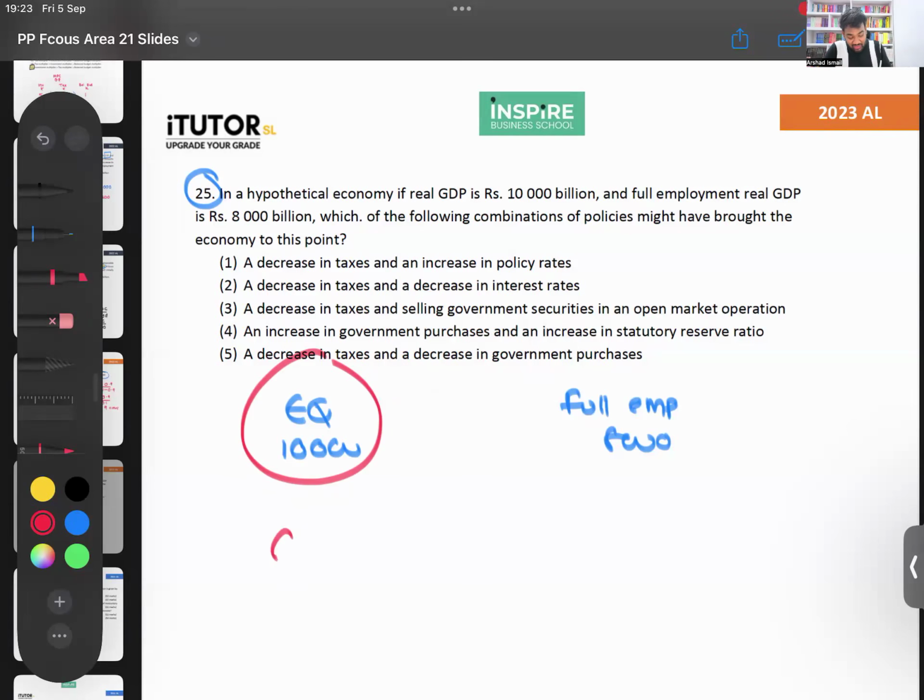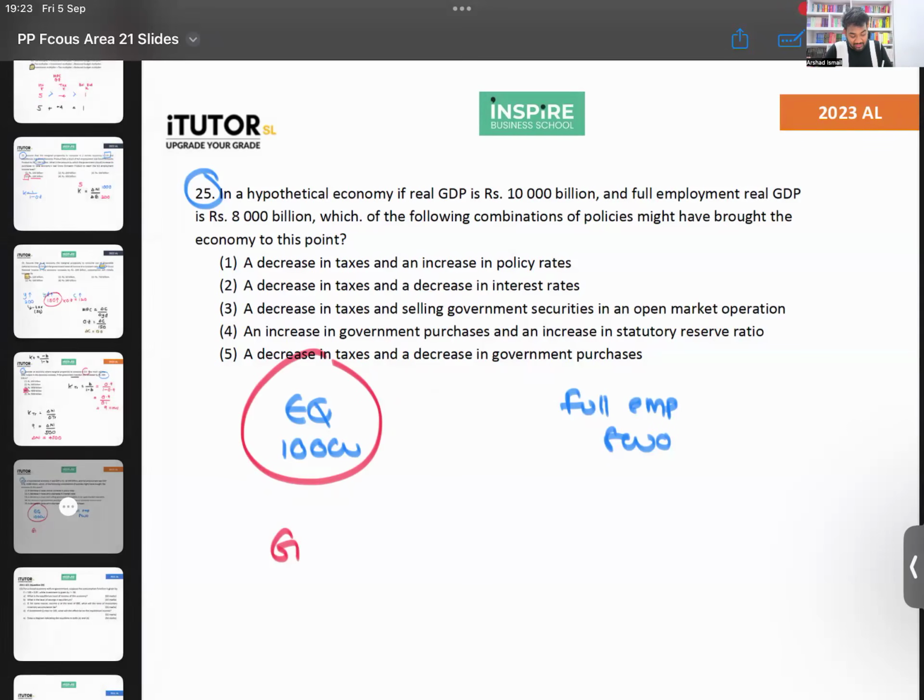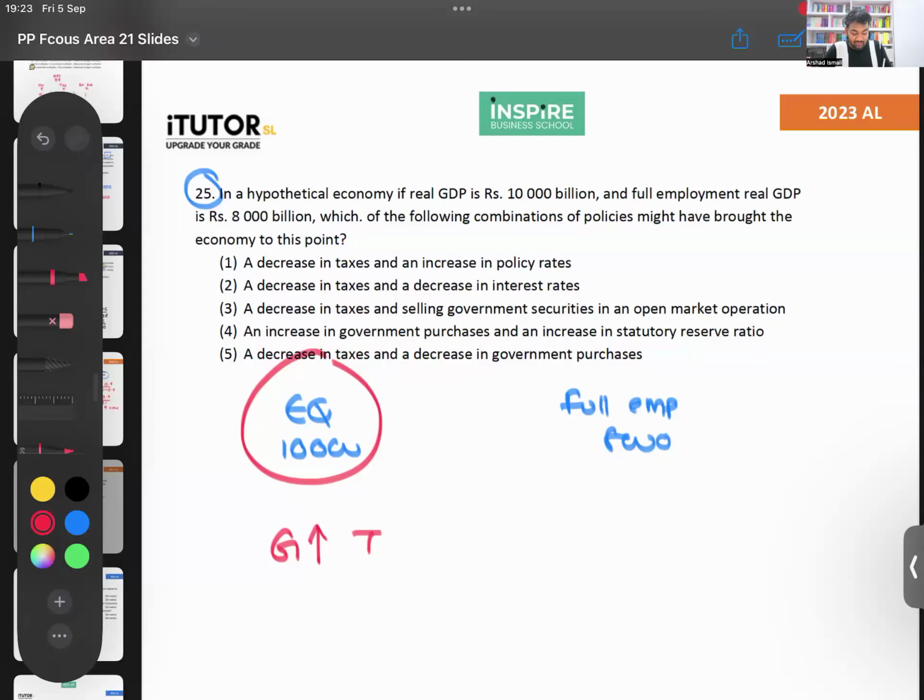What do you think they would have done with government spending? They would have increased government spending. What do you think they would have done with taxes? They would have decreased taxes. That is why you ended up having an equilibrium over full employment. Read the question. The question is not asking how to bring 10,000 down to 8,000, where you could say reduce government spending or increase tax.